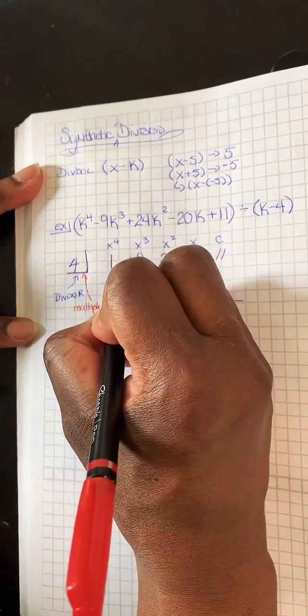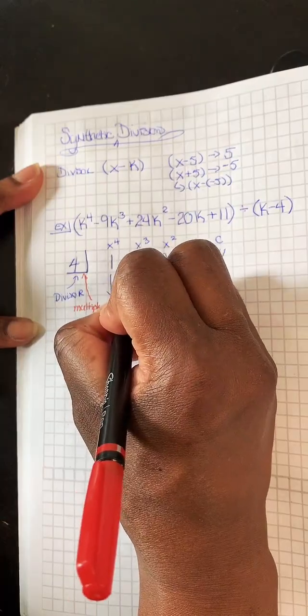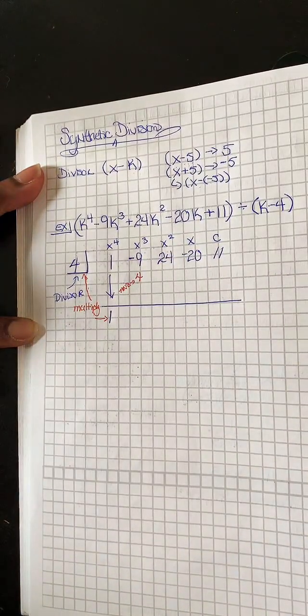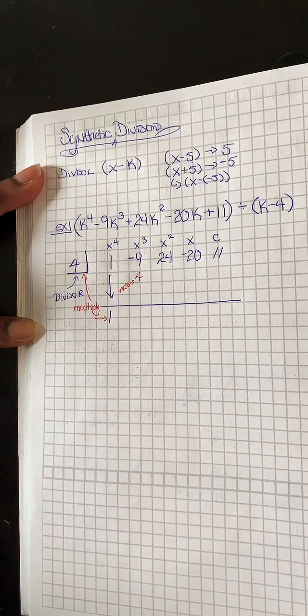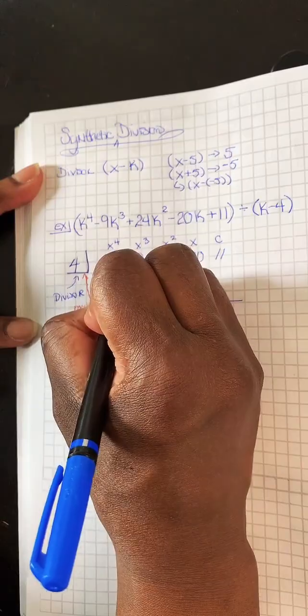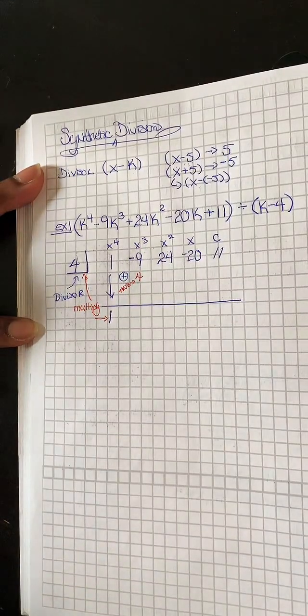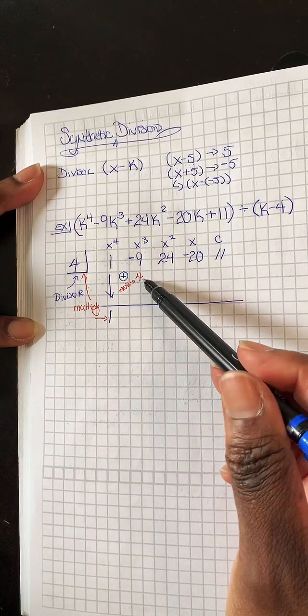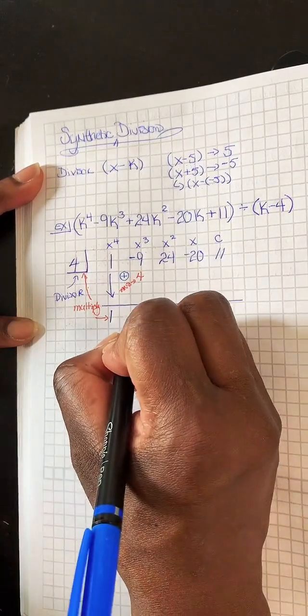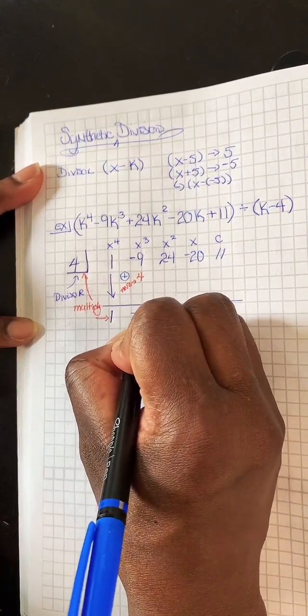And I'm going to put the answer underneath the next term. From here, we're going to add. So negative 9 plus 4 gives me negative 5.